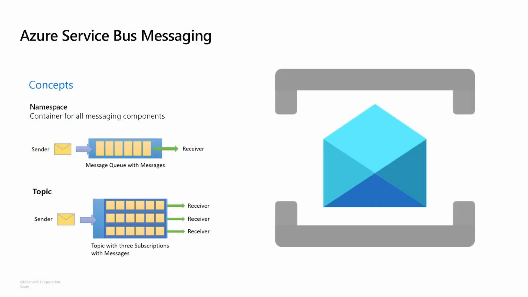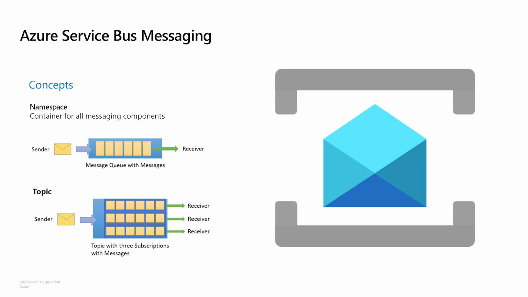Let's talk about the concepts of Azure Service Bus messaging, which have a very decent overlap with the same concepts in JMS. The first concept is called the namespace. It's basically similar to a resource group in Azure, and it's really the container for all messaging components.